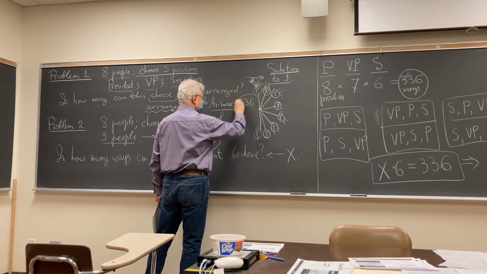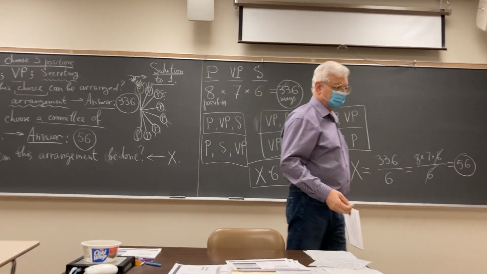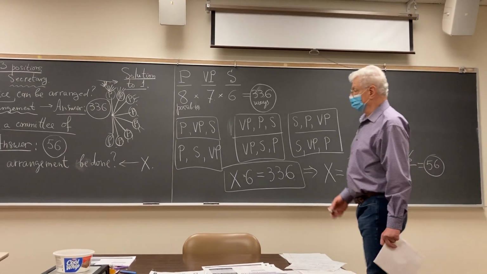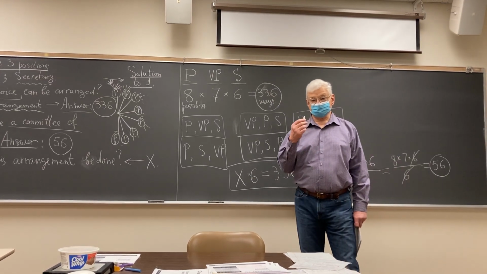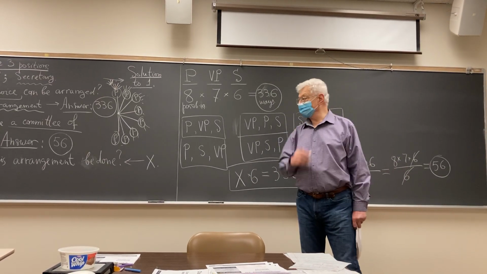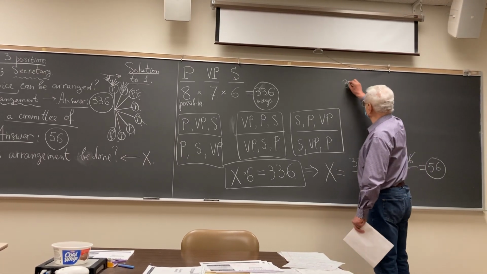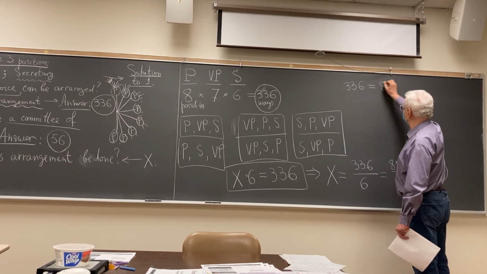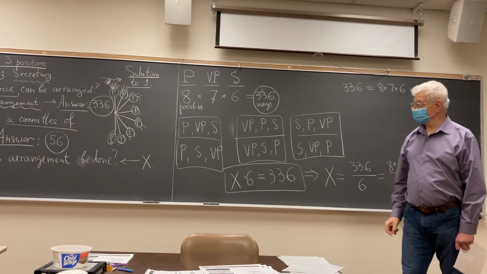It wouldn't be interesting if some other problem could be solved in the same way and different numbers were found, but now we want to establish the general law. Let's write the first answer, 336, which is 8 times 7 times 6, as follows.